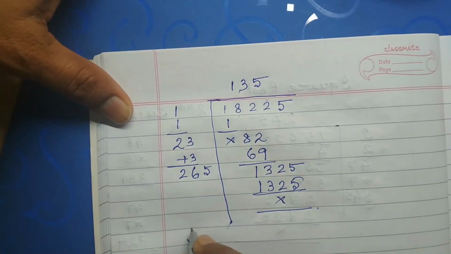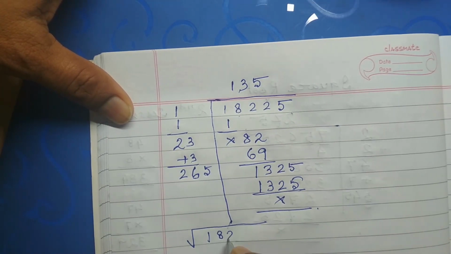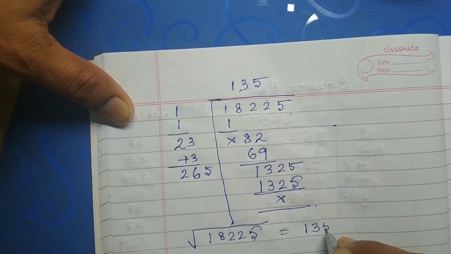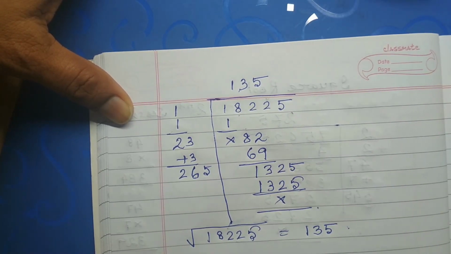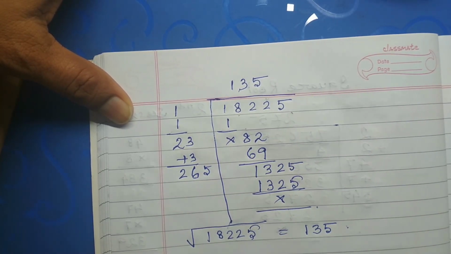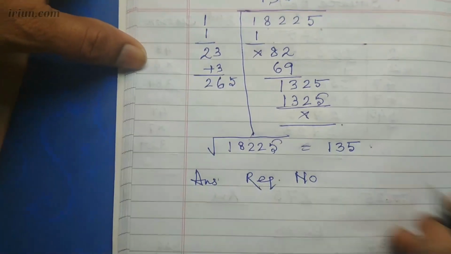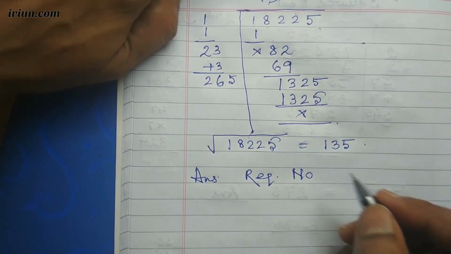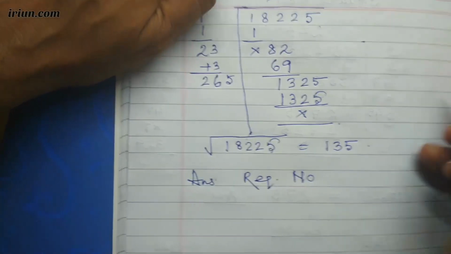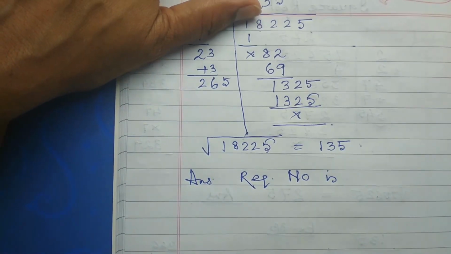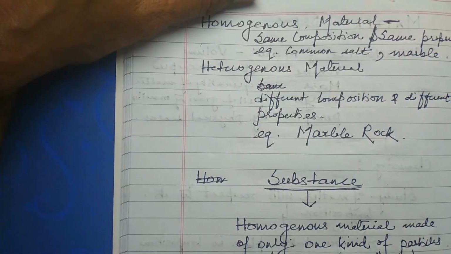So square root of 18225 is equal to 135. So what is your answer? Answer is the required number. What is it which should be subtracted?